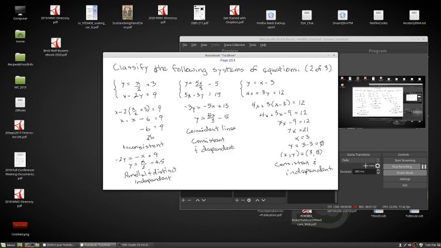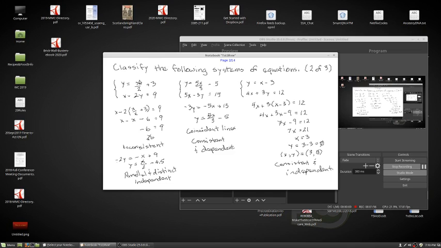And then also, are they two different lines represented by the equations, in which case they are independent, and if they're the same line but one of the equations is a multiple of the other, then they are dependent. So let's look at these three systems of equations. You'll be getting 2 out of the 3 on your test.